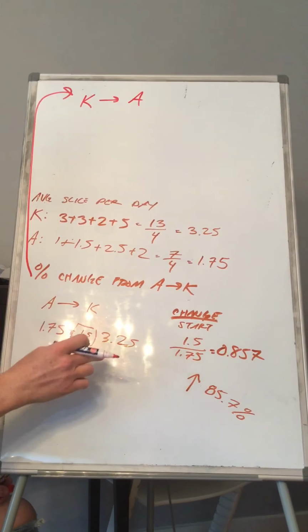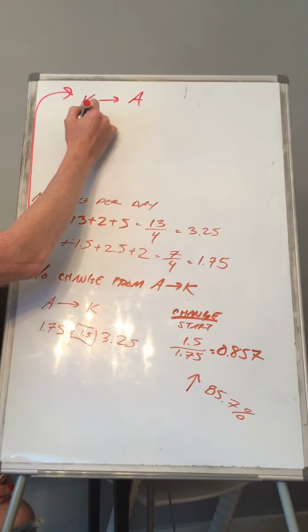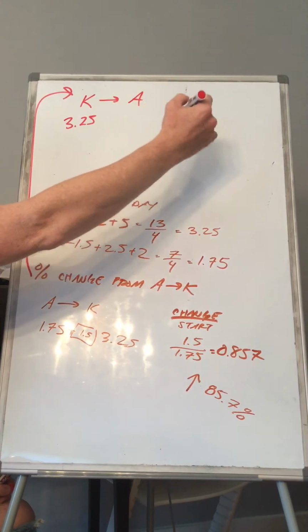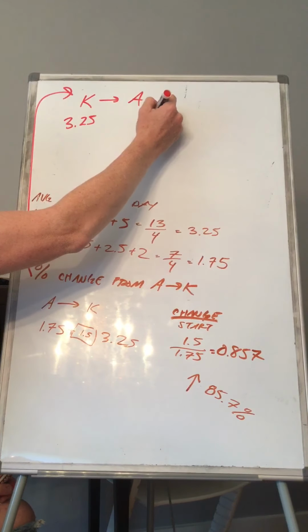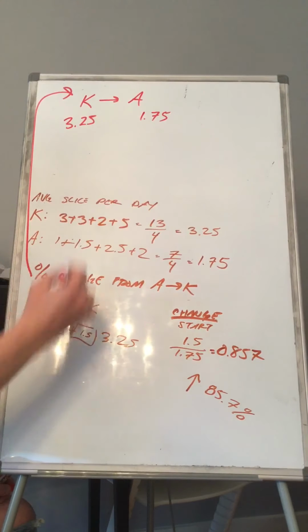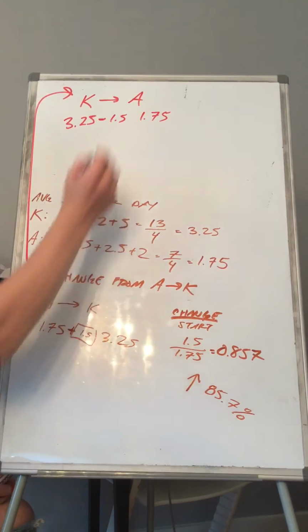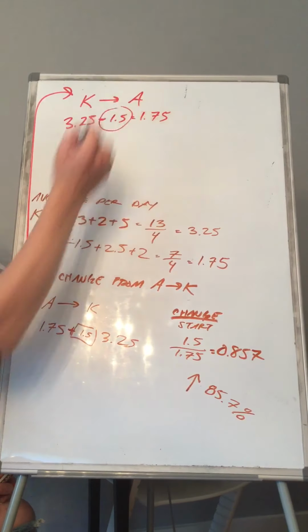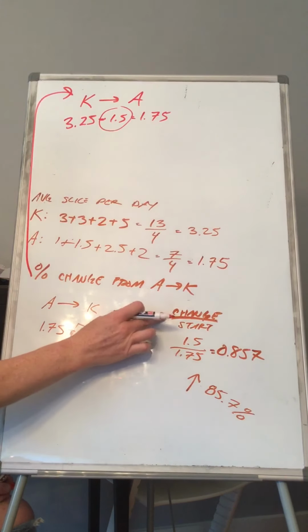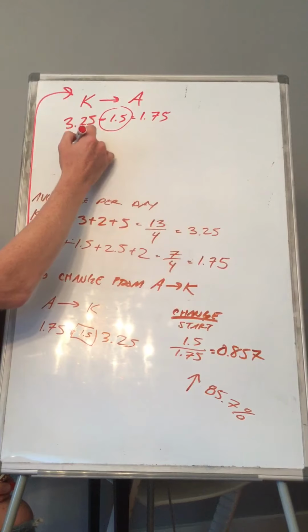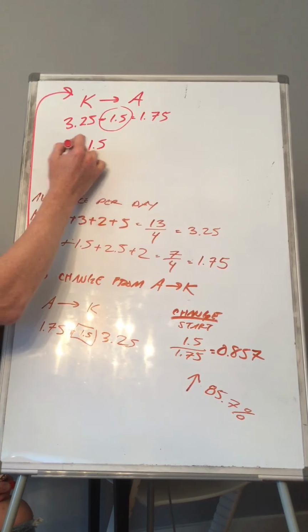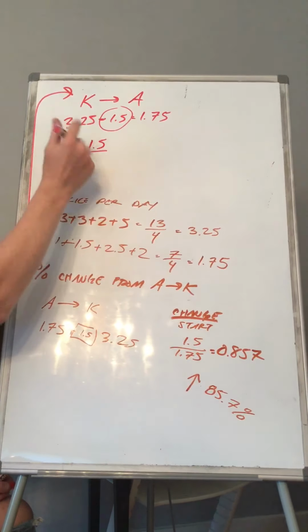That would be 3 1/4 to 1.75. It's subtracting 1 1/2. So that's my change, but I want the percent change. So my change is negative 1 1/2 divided by my start, 3 1/4.